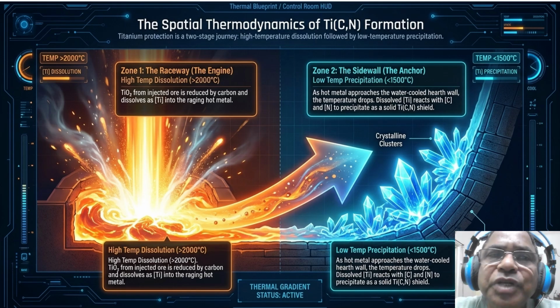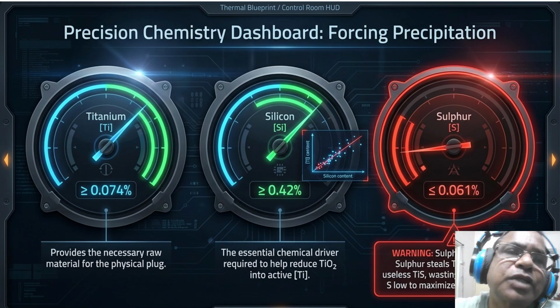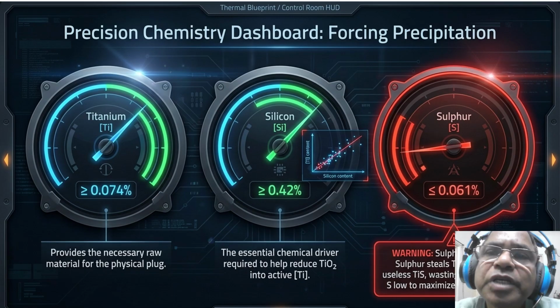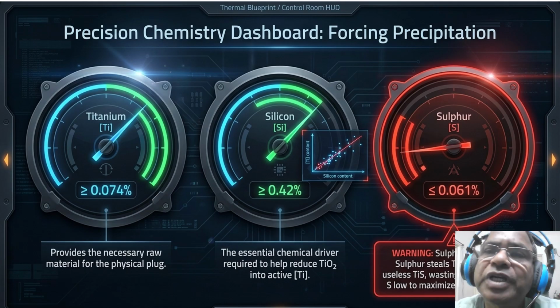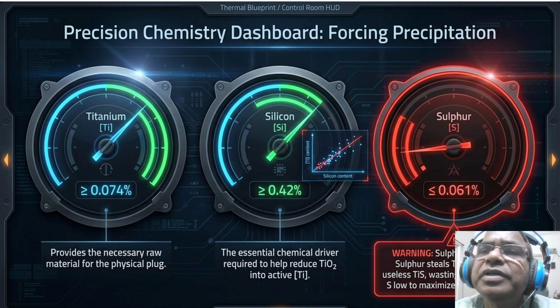So coming to the precision of the chemistry dashboard. You cannot force precipitation without the right coupled reaction, and as we came across earlier, cooling should be intensive.